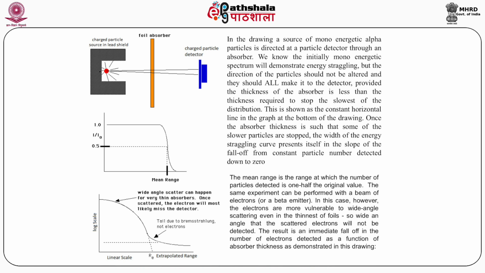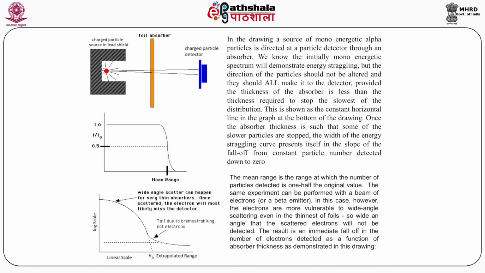We know the initial monoenergetic spectrum will demonstrate energy straggling, but the direction of the particle should not be altered and they should all make it to the detector, provided the thickness of the absorber is less than the thickness required to stop the slowest of the distribution. This is shown as the constant horizontal line in the graph at the bottom of the drawing.